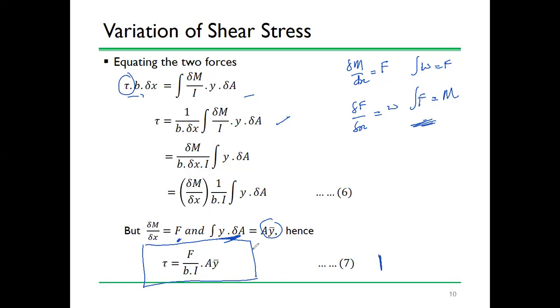And of course, from the formula given by Professor Kezia, she gave tau is equal to VQ over IB. In this regard, the Q is the A y bar, and V is our F. So in this lecture, we are using capital F to represent shear force, even though we can also use V, right?